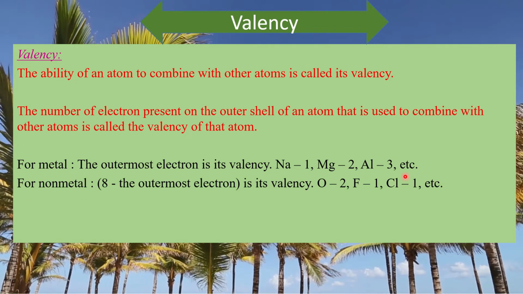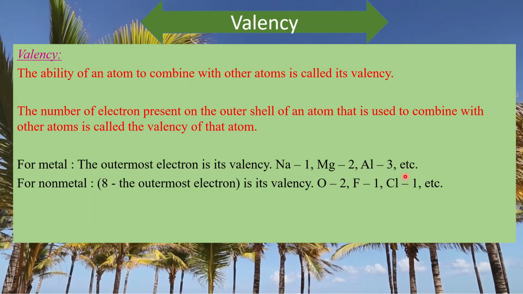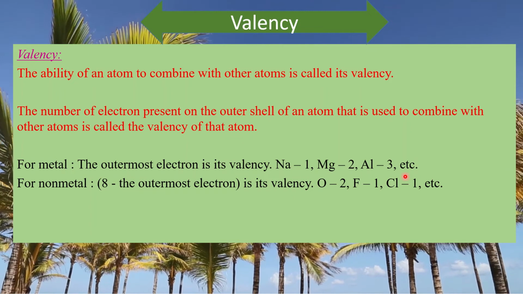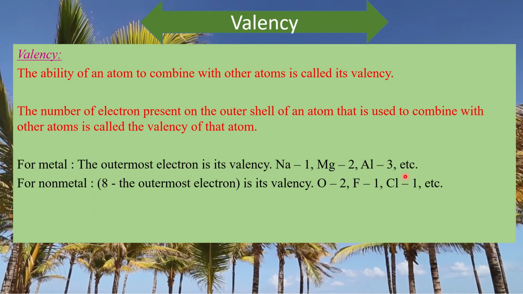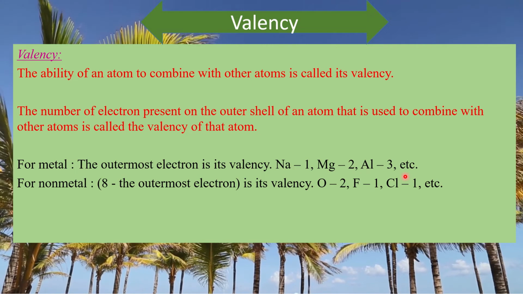For example, oxygen, it has 6 electrons on the outermost shell, so the valency of oxygen is 8 minus 6, that is 2. Chlorine, they have 7 electrons on the outermost shell, so their valency is 8 minus 7, that is 1.